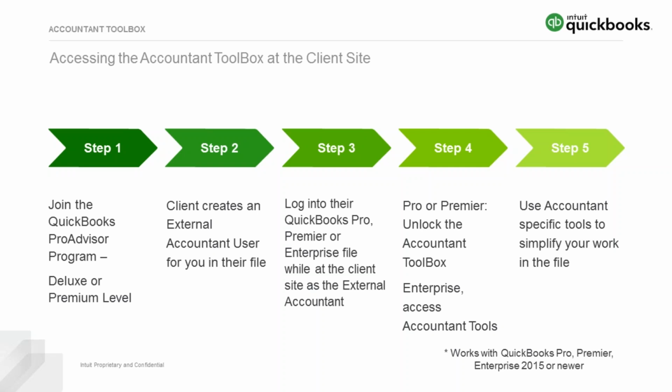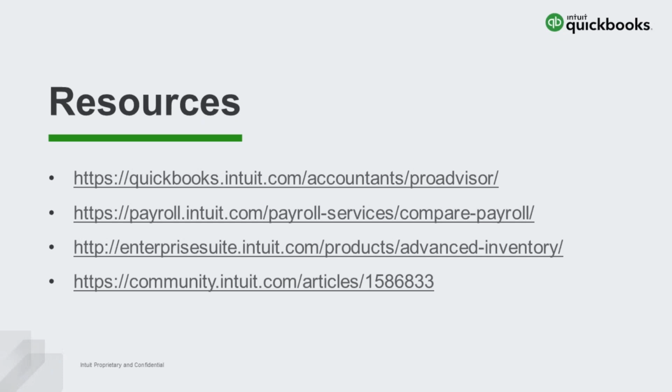From the company menu in QuickBooks, you will be able to unlock the Accountant Toolbox after entering your ProAdvisor credentials for those working in Pro and Premier. For Enterprise, just log in as an external accountant or the admin user, and you have access to those tools. So now work more efficiently and accurately with Accountant Toolbox tools.